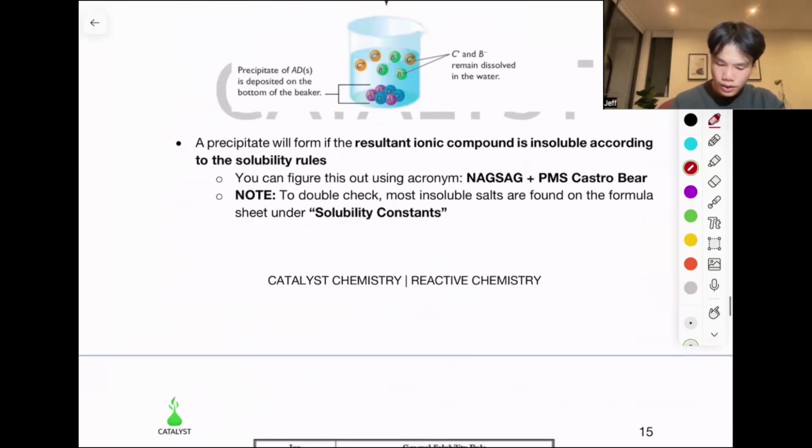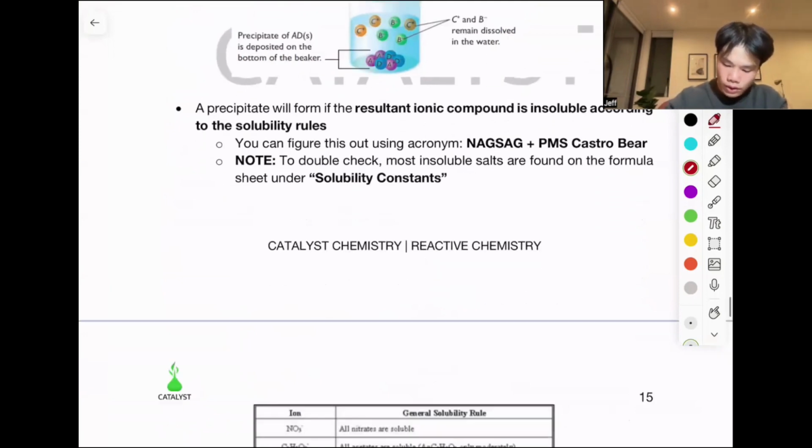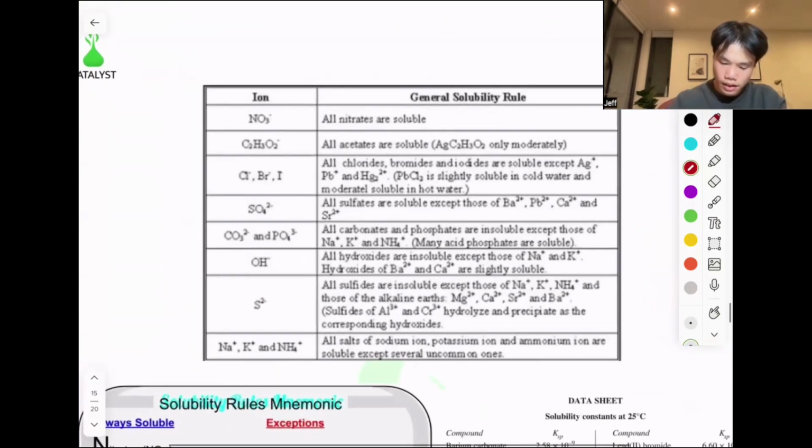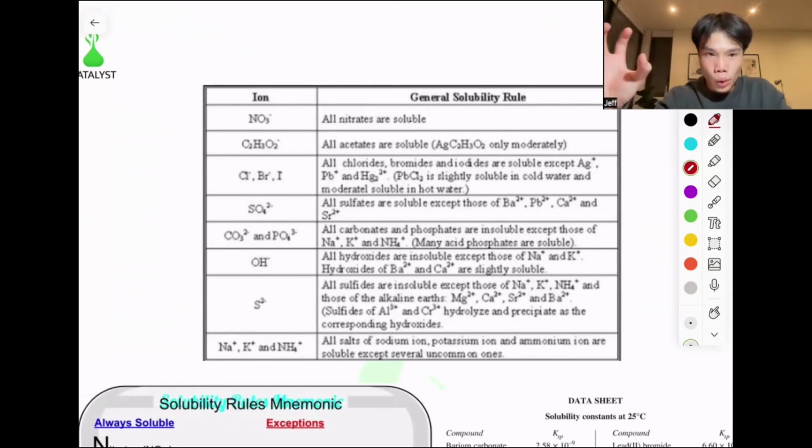So the rules are as follows. It's basically this table here. This is the one that every school imprints on their science guide. But the rules are: all nitrates are soluble. All acetates are soluble. Chloride, bromide, and iodide are soluble except for with silver, lead, and mercury.